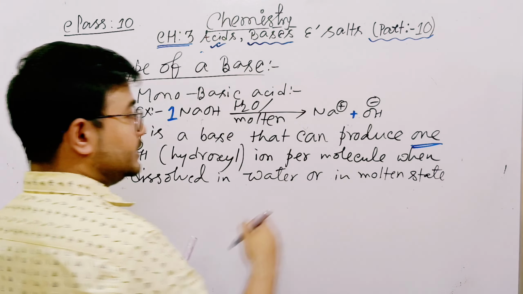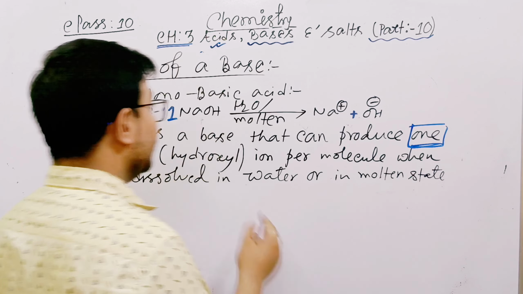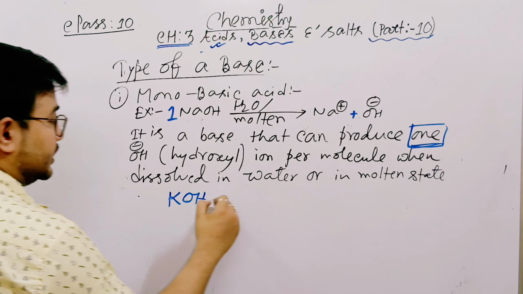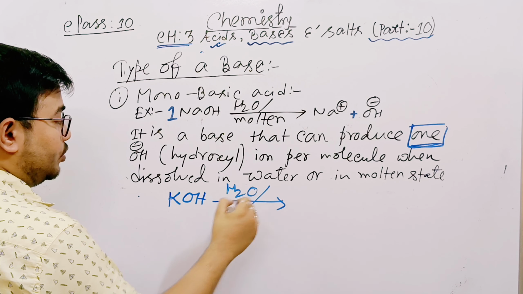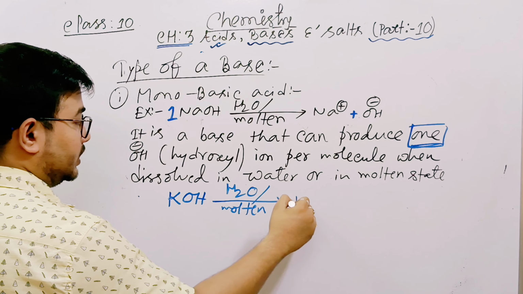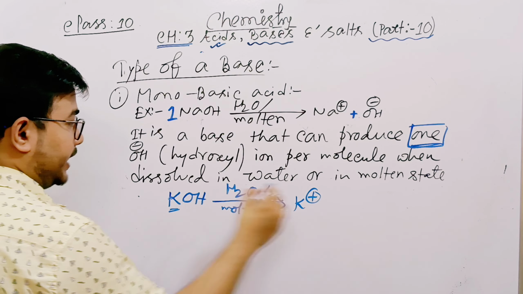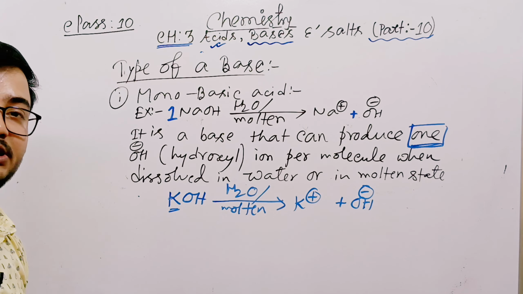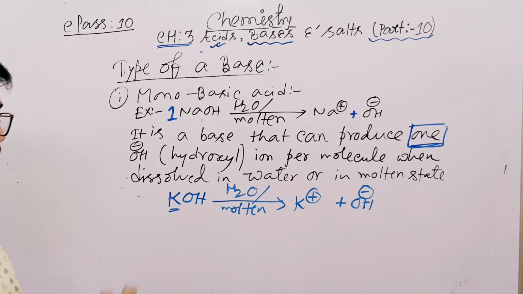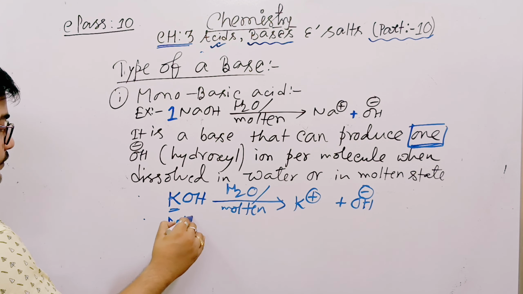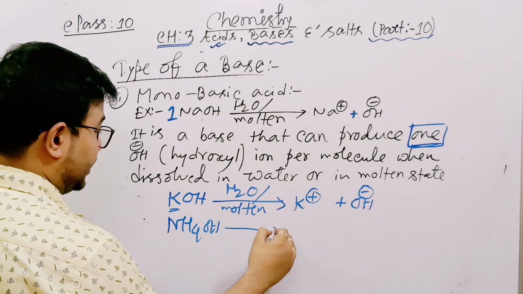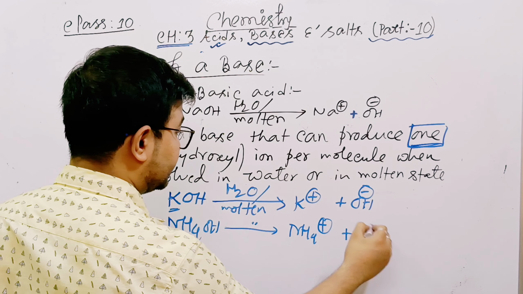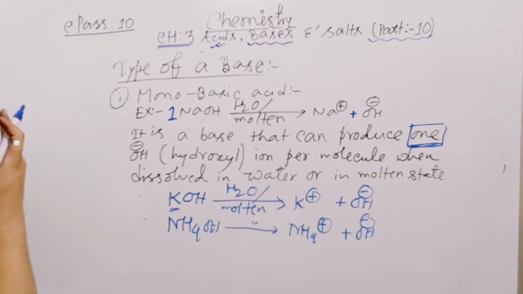So the main word is one. Okay, the first example is already given. Second example, KOH. So in water or molten state, it is visible K plus and 1 OH minus. Do you understand? So this is the definition. Okay, you can choose NH₄OH also. So NH₄OH gives NH₄ plus and OH minus. So these three are examples.